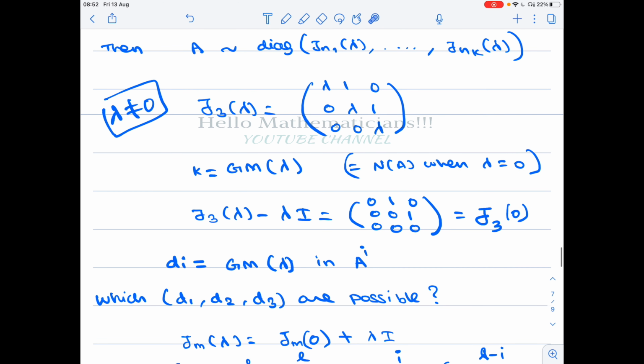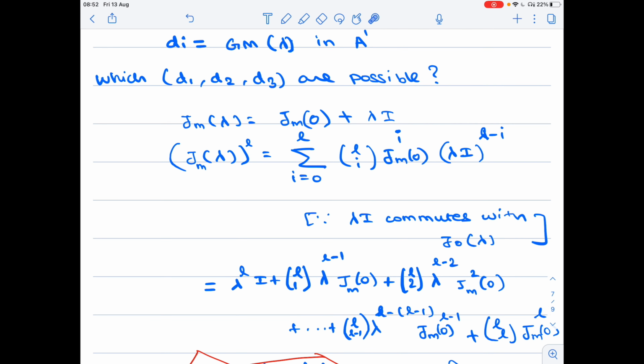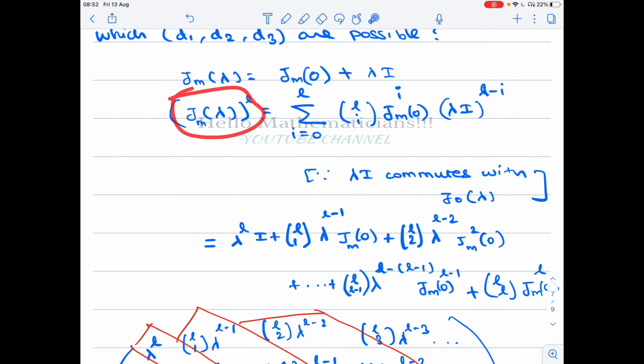Note that if lambda is not equal to 0, this is invertible. Therefore, the nullity is 0, and all the powers will also have nullity 0. So the nullity is not going to change for Jordan blocks of non-zero eigenvalues.